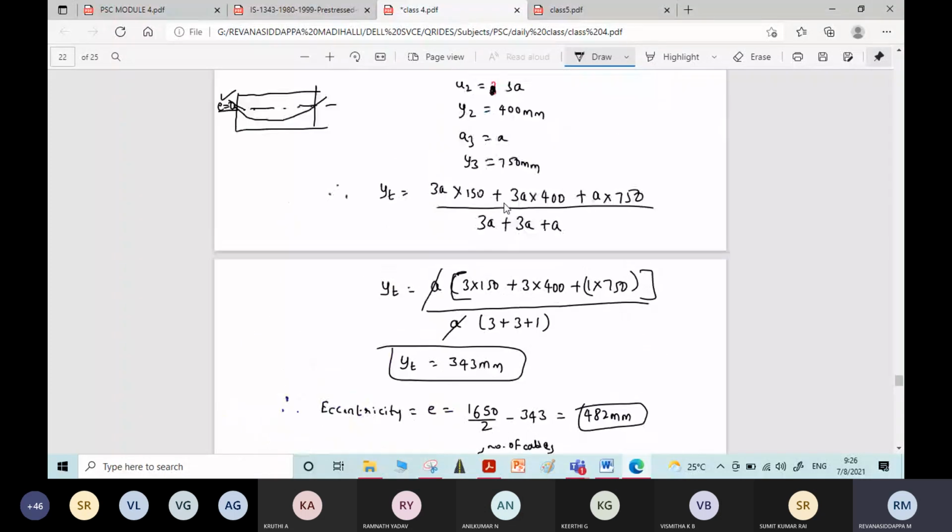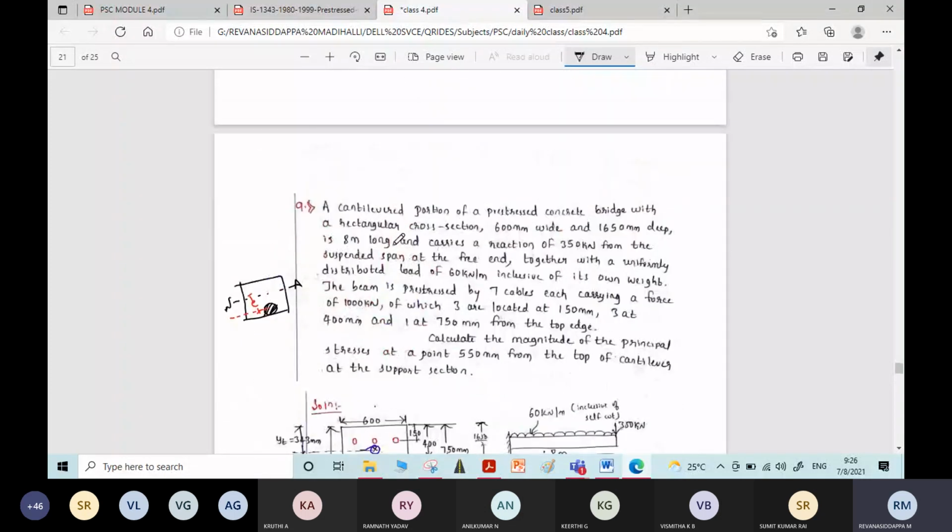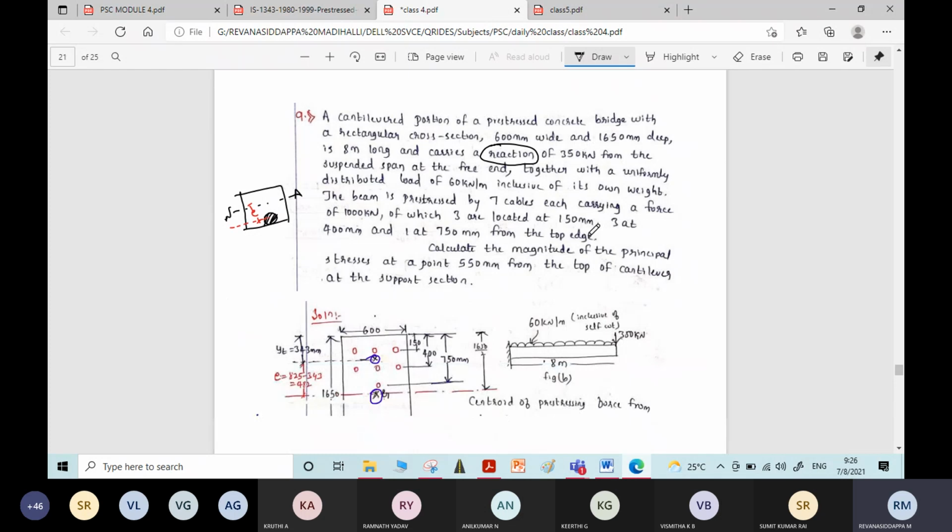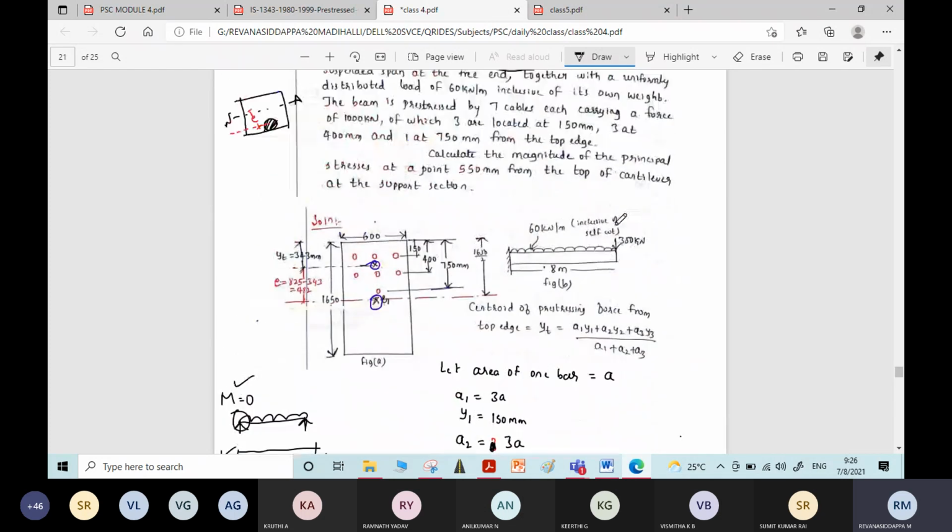It is said that the beam is 8 meter long and carries a reaction of 350 kilonewton from the suspended span at the free end. Okay, he said it has a reaction. Don't get confused. It is the load only. There is some element resting over the edge of the beam, and due to that element, the reactive force is transferred to the end of the beam.